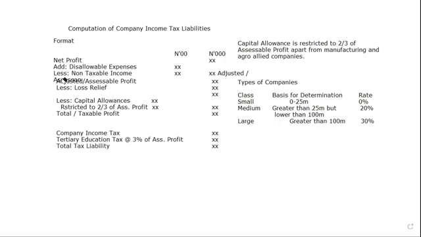Now, let's then look at minimum tax provision. Minimum tax provision will apply where, one, the normal assessment results in a loss, or the normal taxable profit, there is no profit. Let me just put it that way.